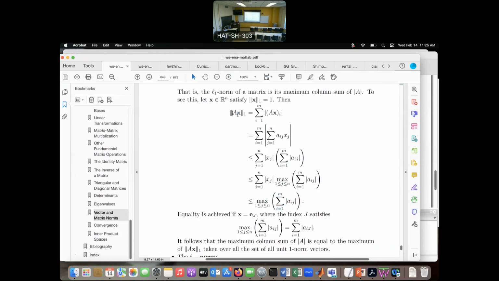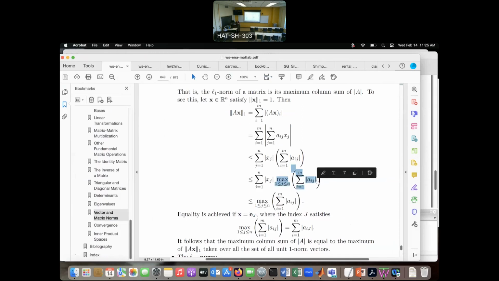Now, all I've shown is that I have an upper bound. I do not know if it's the least upper bound. So to complete the proof, if I can find a specific X so that this inequality becomes equality, then I've established the formula for the norm. And the way I can do that is I can set X equal to a particular column of the identity.